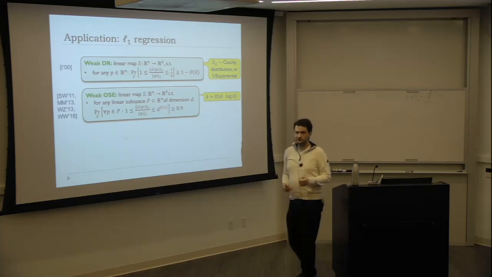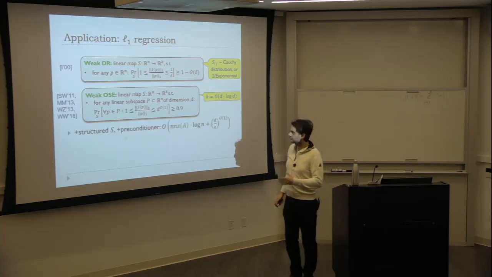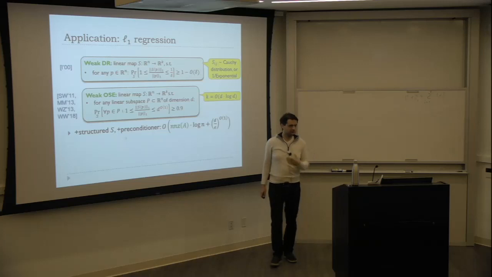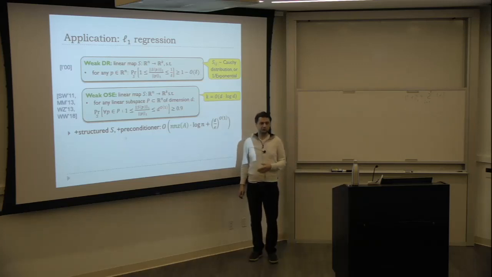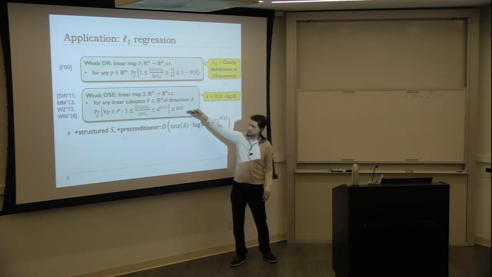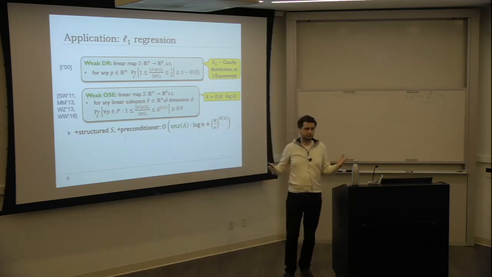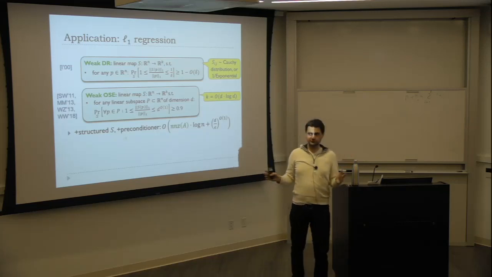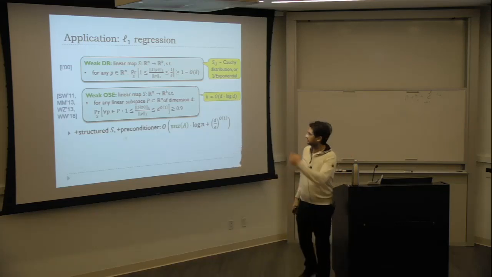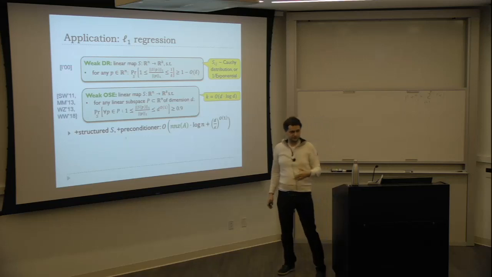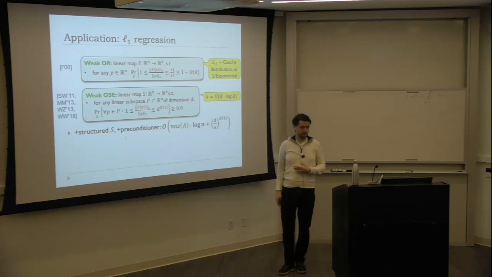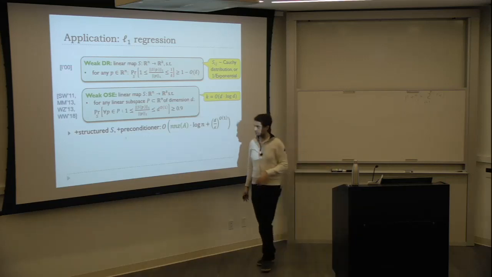Well, in the first iteration, yes, but then you can apply more techniques, in particular this preconditioner idea, to reduce the approximation to 1 plus epsilon. Think of this as giving you an L1 regression with a very coarse approximation, but only polynomial in the dimension, as opposed to, let's say, in n. You can iterate this process to get a better approximation later on, basically using our techniques.